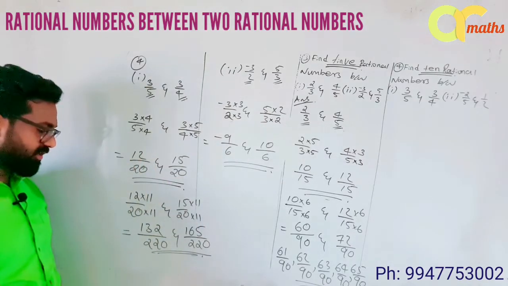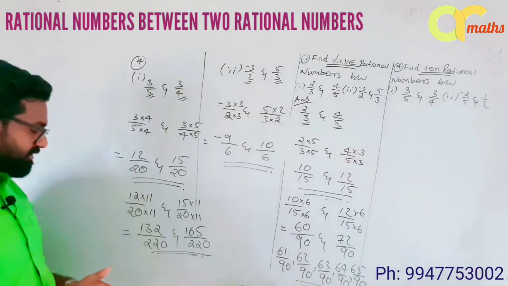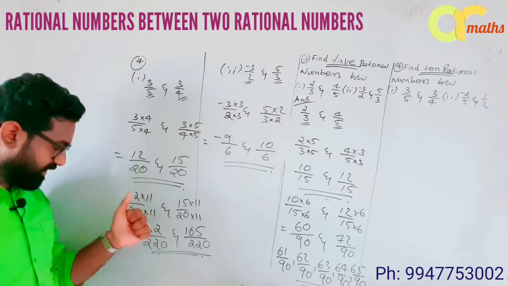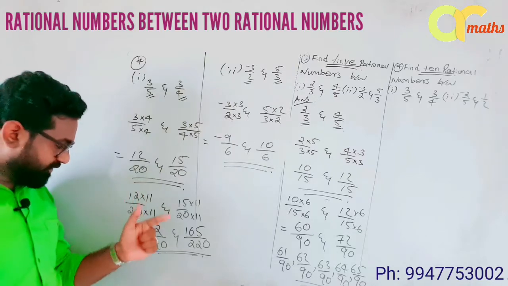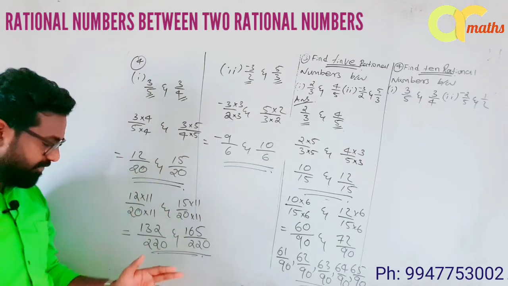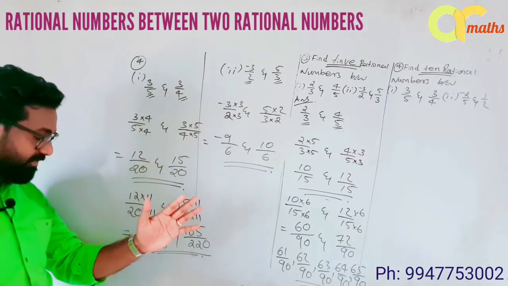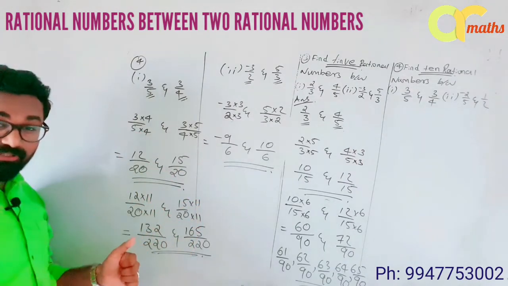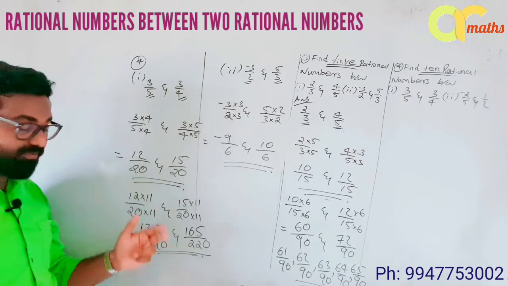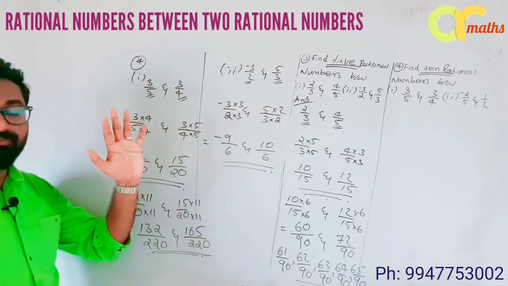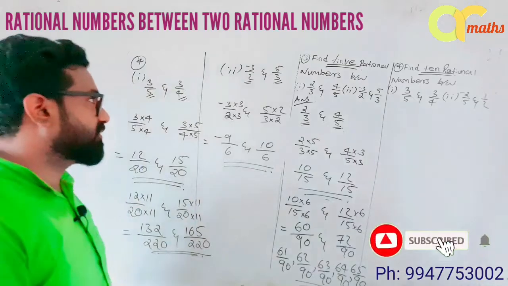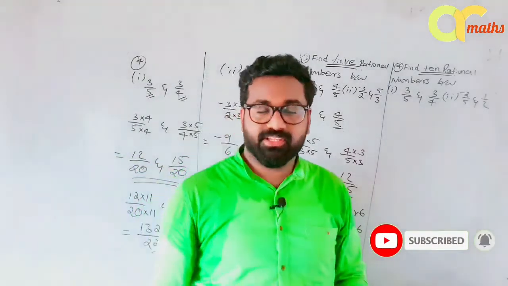Then you can say what the 10 rational numbers between 132 and 165 divided by 220 are: 133 divided by 220, 134, 135, 136, 137, 138, 139, 140, 141, 150 divided by 220. Ready? These are the topics. Okay. Thank you.